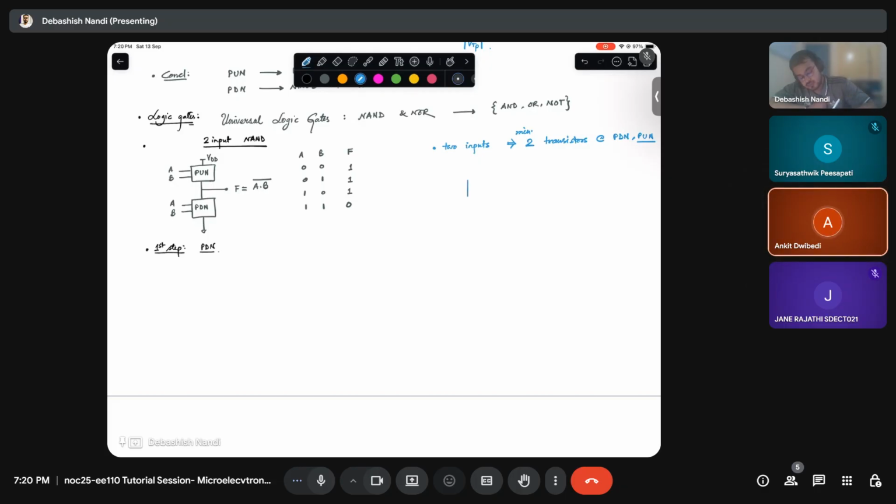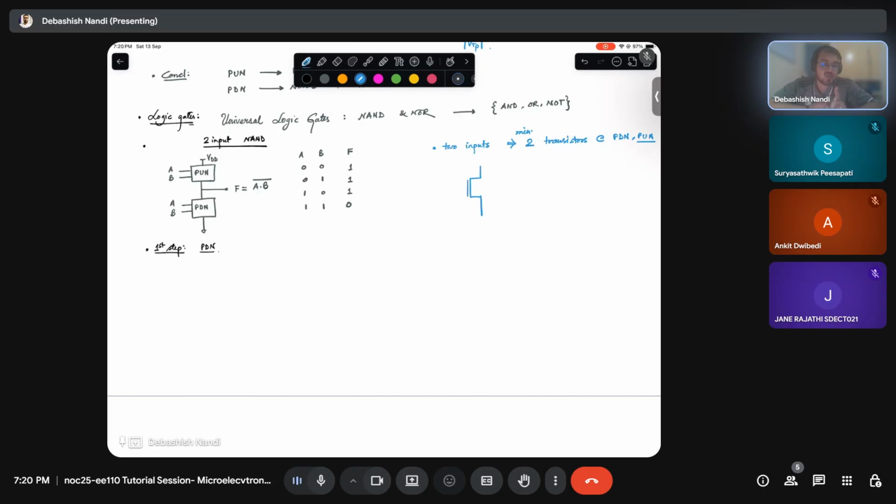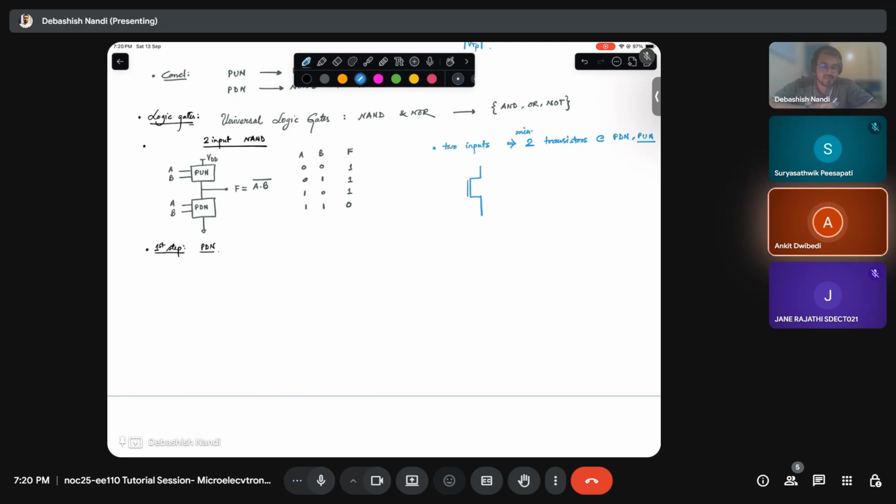So in order to work, I need one of the transistors to be on. So the concept is that you want either on or off, right? Yes, sir. That means one of my transistors will be active and one will be deactive.